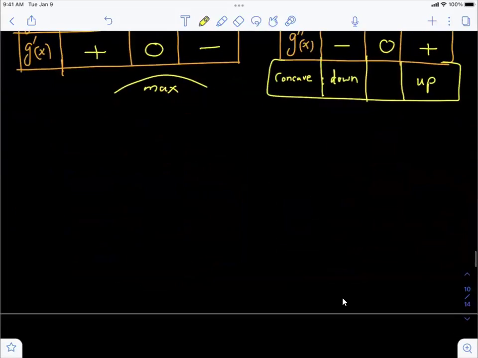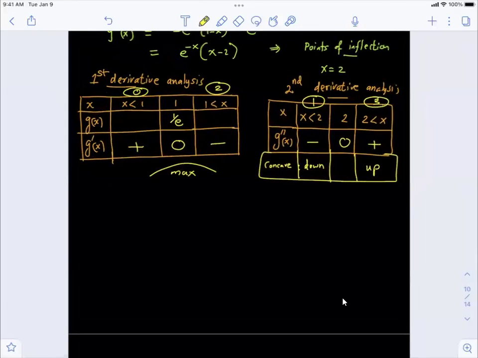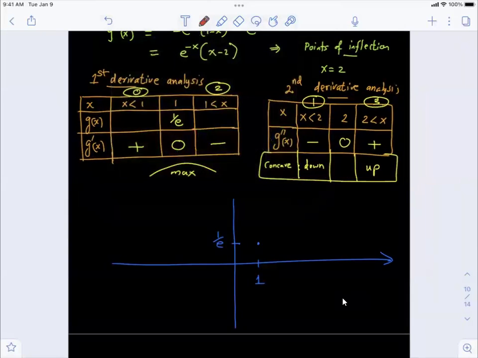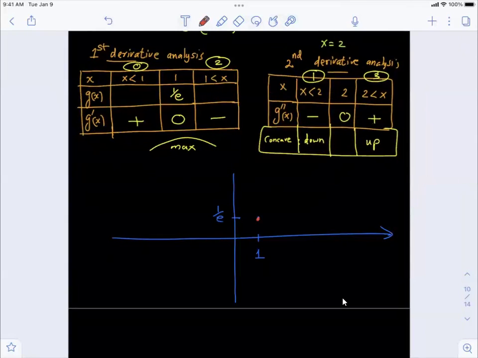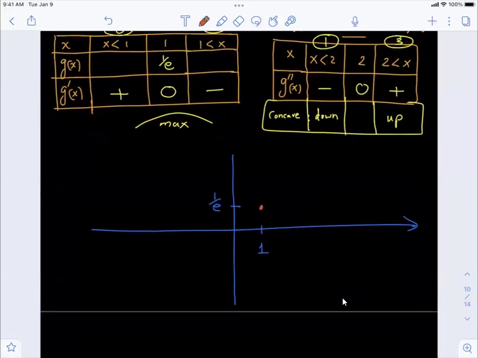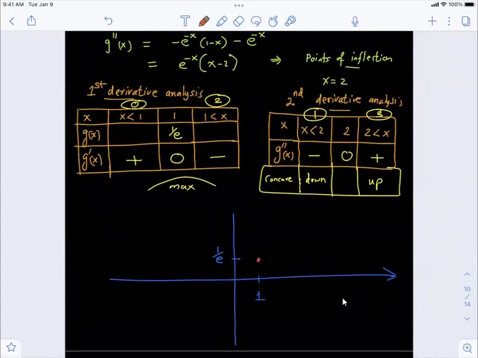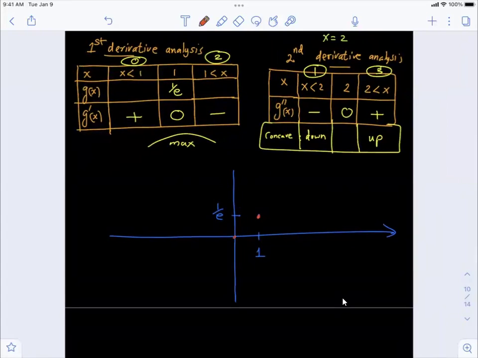Now let's try to plot all of this information in one figure. When x equals 1, 1 over e is just a non-negative value, a positive value. And then you can see when x equals 0, it goes through 0.